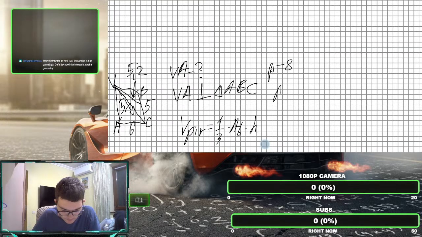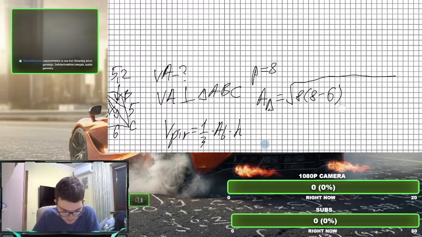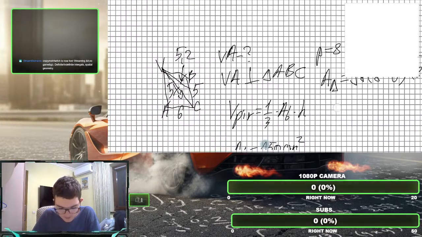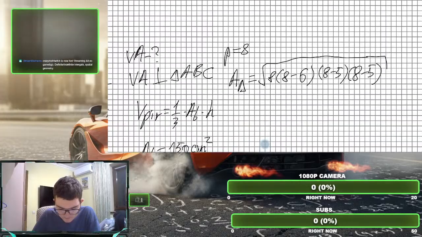Now there's another formula for the area, which will be a big square root like this. 8 and 8 minus 6, then 8 minus 5, and 8 minus 5 once again. That's what it would be.